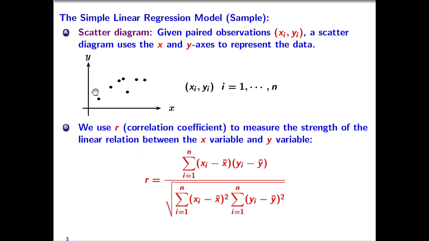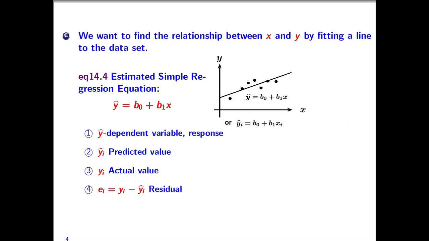For chapter 14, we want to fit a line going through all our data. This is going to be called the regression line, regression equation. As we had mentioned, we want to find the relationship between x and y by fitting a line to the data set.